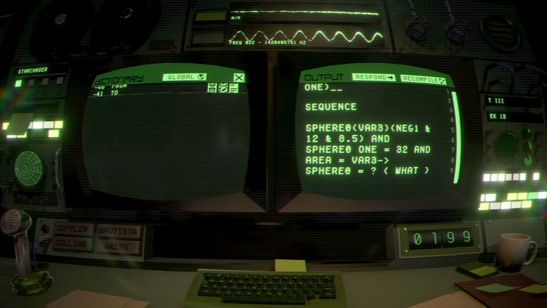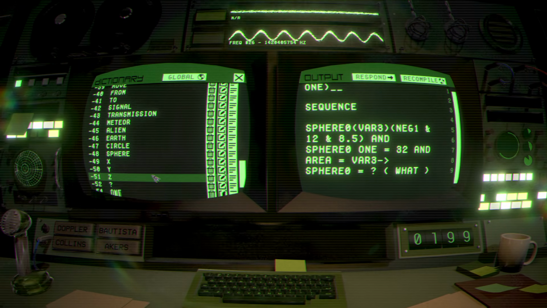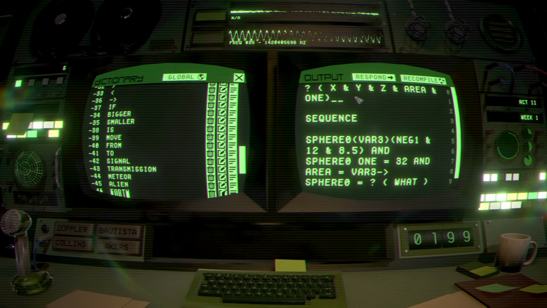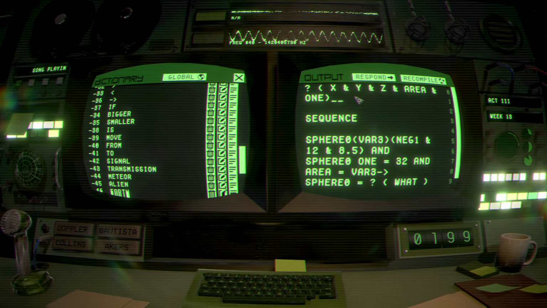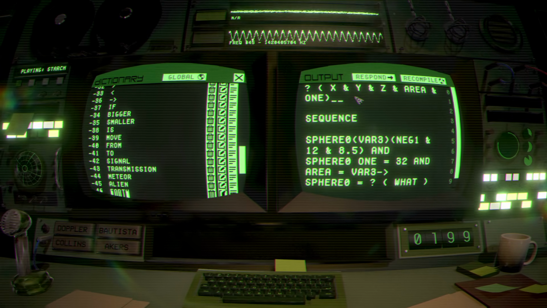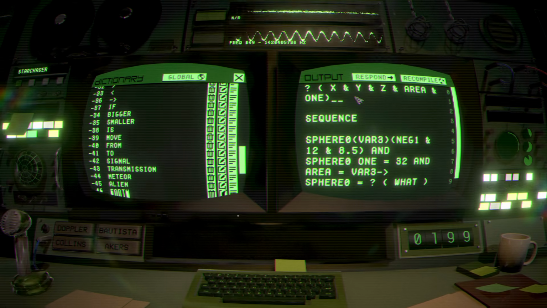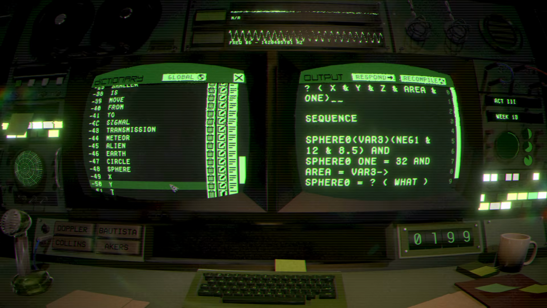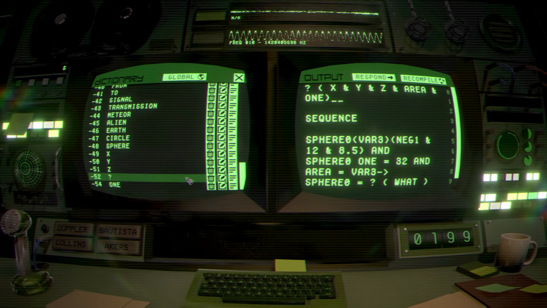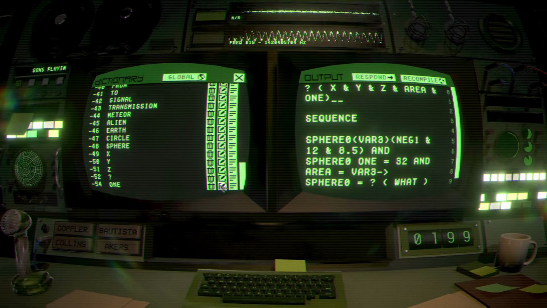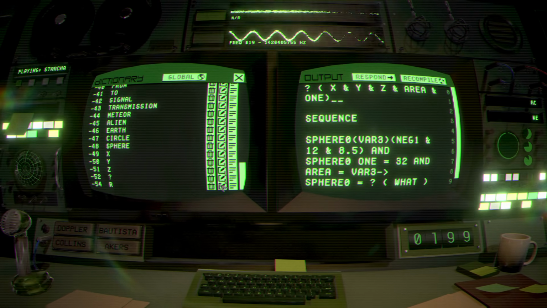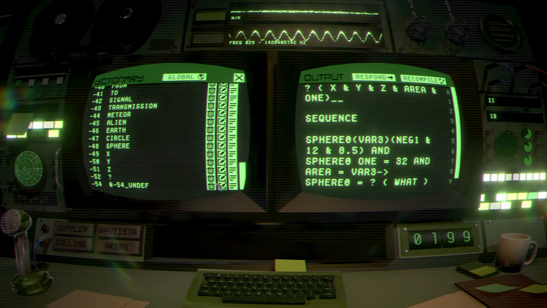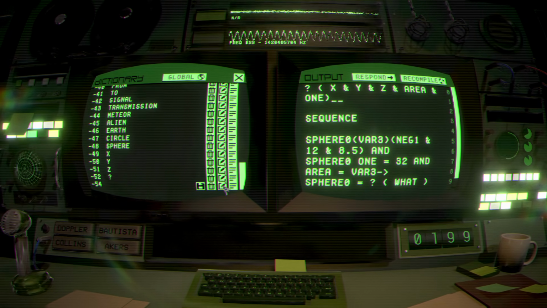Is that what we're looking at, possibly? Try it out. R or radius? I don't love it because I feel like they would have said something.